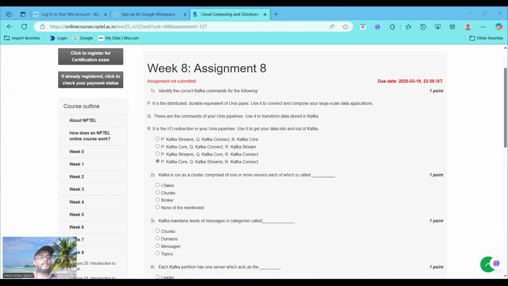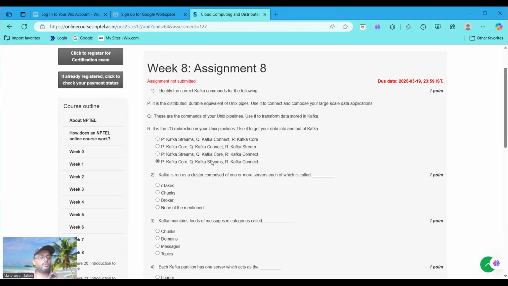Kafka Streams is used to transform data stored in Kafka, similar to Unix pipeline commands. And R is Kafka Connect, which handles input/output redirections, getting data into and out of Kafka. That's why option D is the appropriate option.